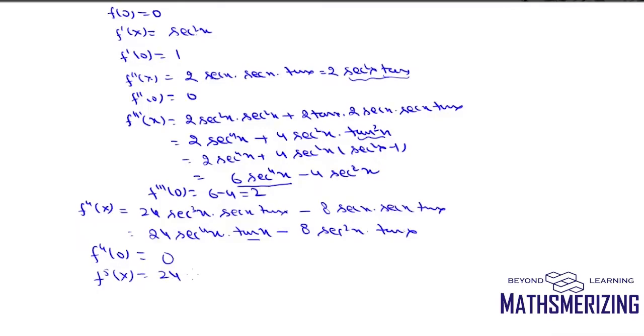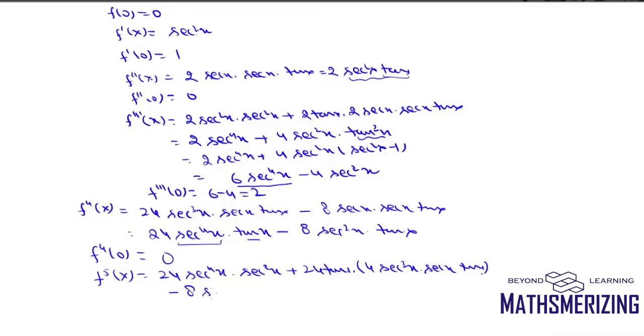So there will be 24 sec⁴x, and the derivative of tan x is sec²x, and then plus 24 tan x, and then the derivative of sec⁴x is 4 sec³x into sec x tan x, and then minus 8.